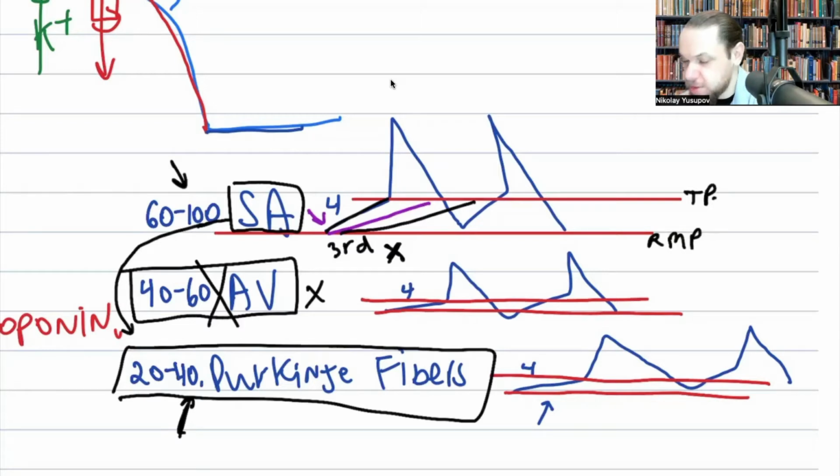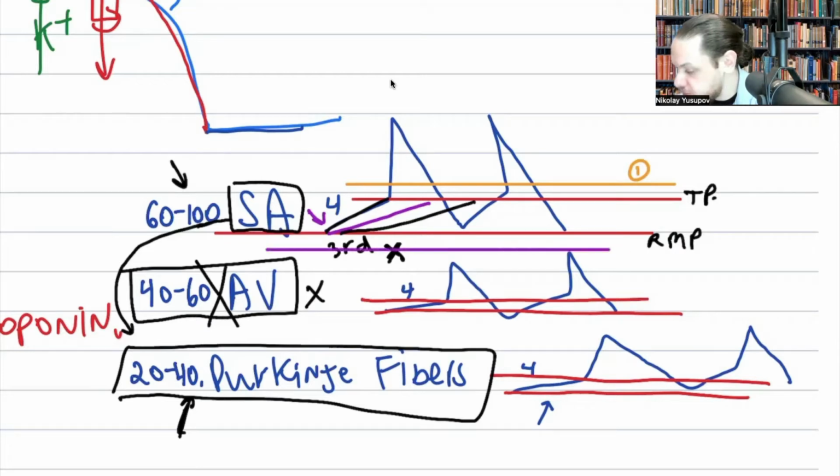One of the things we can do with antiarrhythmic medications is increase the threshold potential, so it takes more to fire. Let's say this is one. The other thing we can do is lower the resting membrane potential. So this would be 2. The other thing we can do is decrease the slope by giving antiarrhythmic medication.